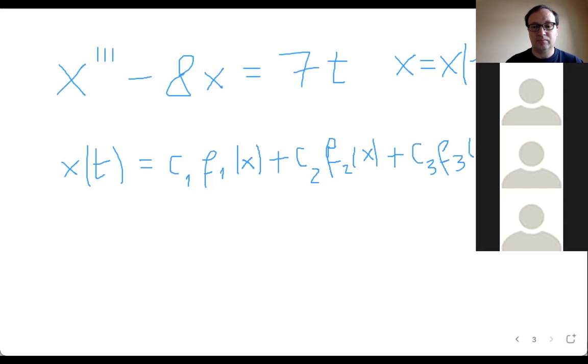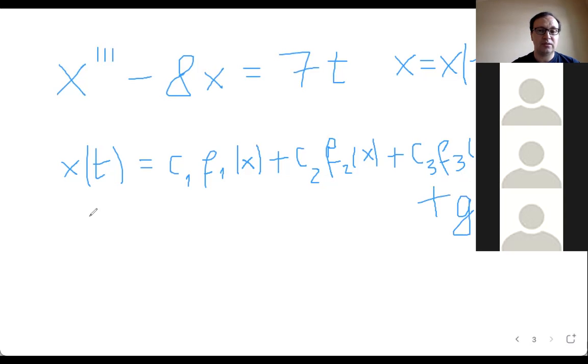This would be a basis made of three functions f1, f2, f3 for the associated linear equation, and then it should be plus another function, let's call it g, which would be a particular solution of the equation. So we know that every solution is in this form. And now the question is, what are f1, f2, f3, and g? And we can compute them.